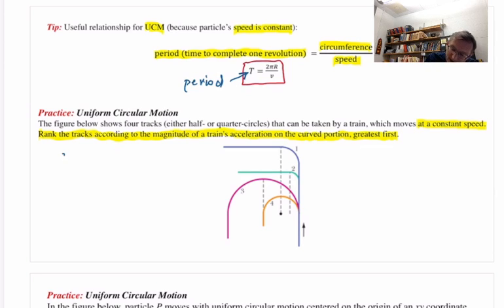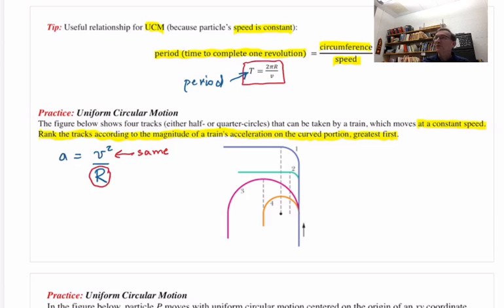Just a plain old A equals a plain old V squared over a capital R for radius. When you write the A and the V with no arrow on top, you mean magnitude. Magnitude of A equals magnitude of V squared over radius. Note, for all 4 tracks, the magnitude part of the V, the speed, is the same. So the only thing that's going to be different for the tracks, apparently, is the radius when you're on the curved part.